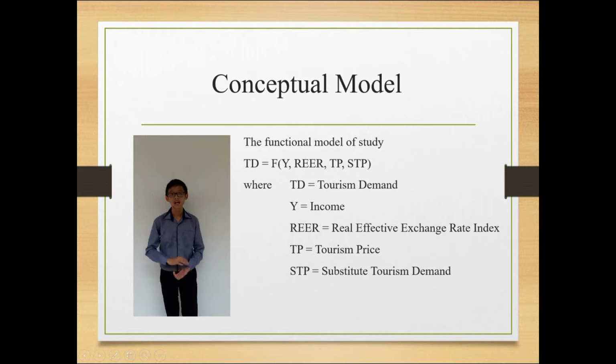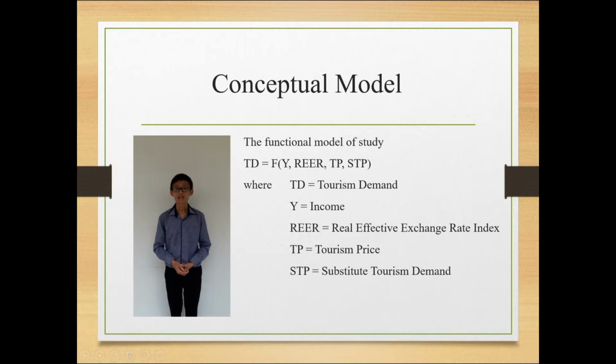On the other hand, real effective exchange rate index is expected to have a negative relationship with the tourism demand, where a decrease in real effective exchange rate means that the Malaysian ringgit is depreciated. It implies that travel to Malaysia is cheaper than before and more Indonesians will visit Malaysia.